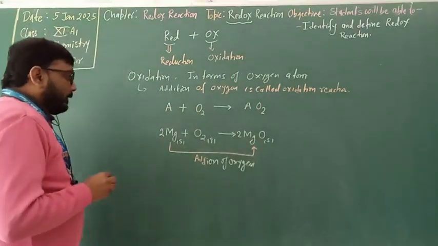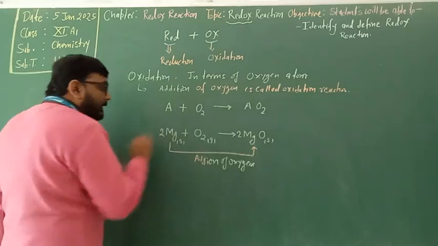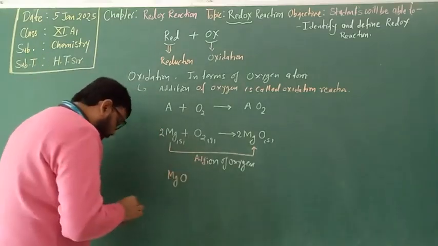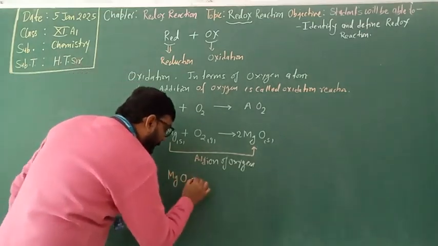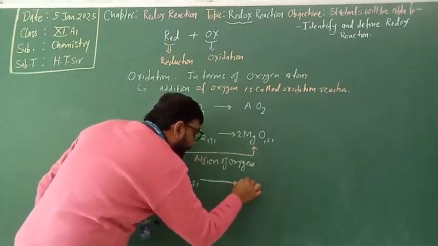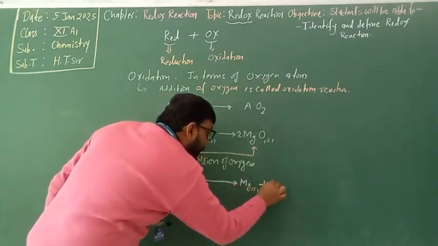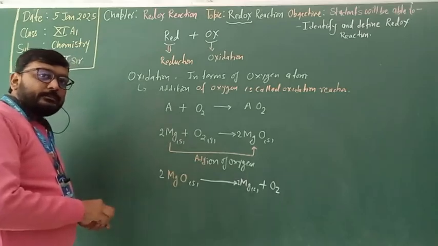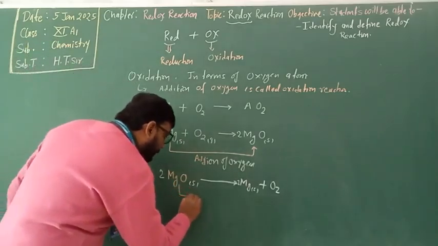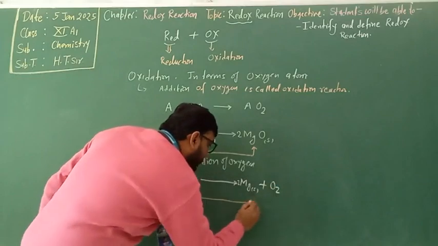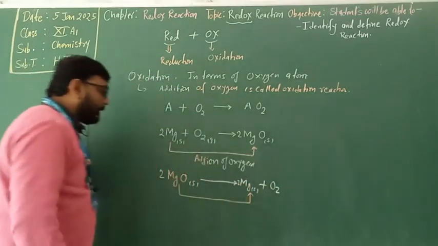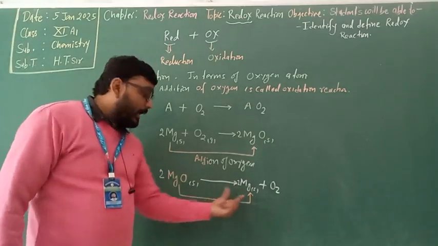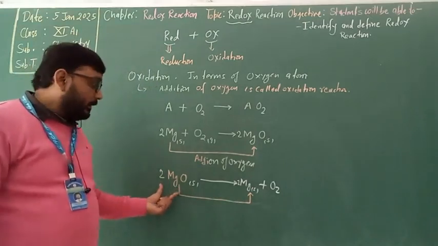Now, think about the reverse process, for example, magnesium oxide getting converted into magnesium plus oxygen. When we observe this process, magnesium oxide to magnesium, here there is no oxygen, and here there is magnesium oxide. So what happened here?